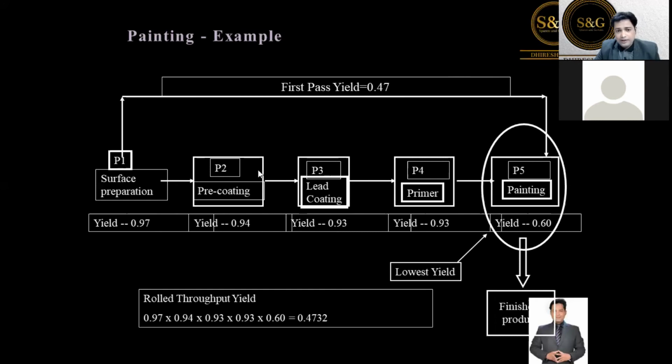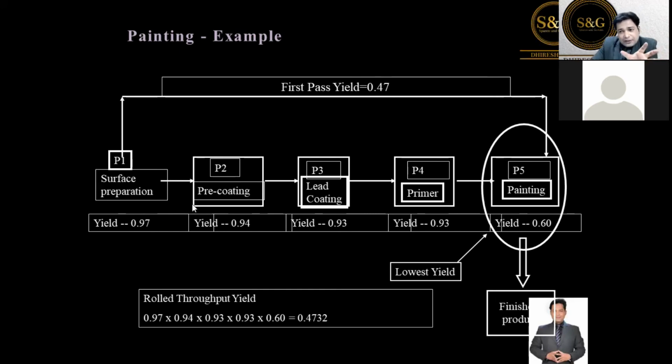Then it goes to the next process, which is pre-coating. बाकी के तीनों का क्या होता है? Then बाकी के 3 जाते हैं अपने रिवर्क एरिया में, उसको सिर्फ रिवर्क किया जाता है, फिर से उसको सरफेस प्रिपरेशन पे डाला जाता है. Okay, so that is the rework loop, which is called hidden factory in cost of poor quality calculation. We will discuss that.